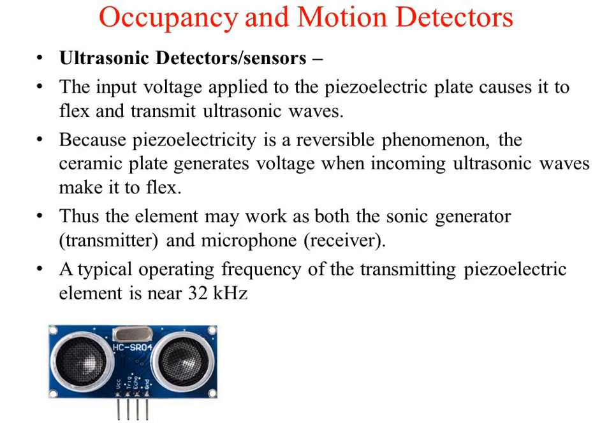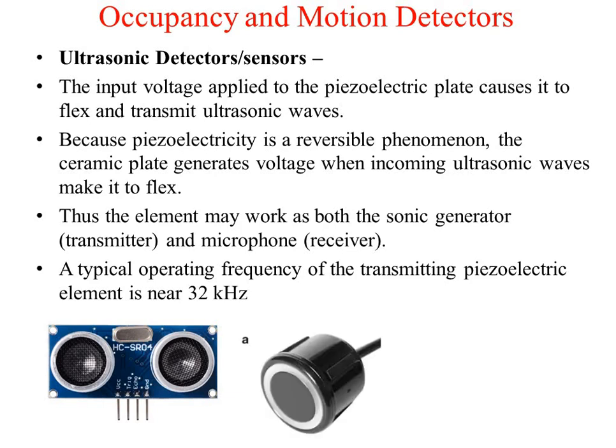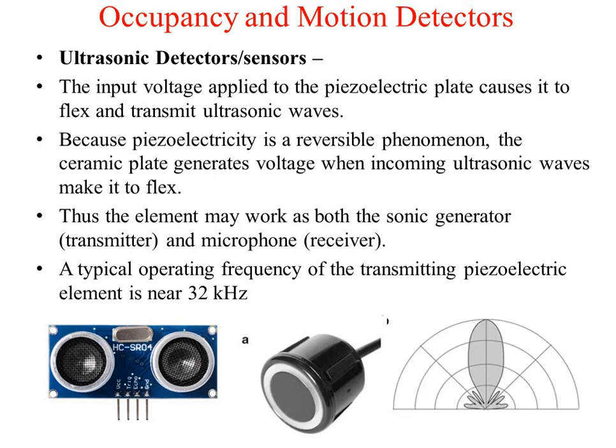Such sensors are available in the market, and this is a transceiver type of sensor, where it acts as a transmitter as well as a receiver. This diagram shows you the lobe, the direction in which the propagation has taken place or the maximum energy has been propagated.